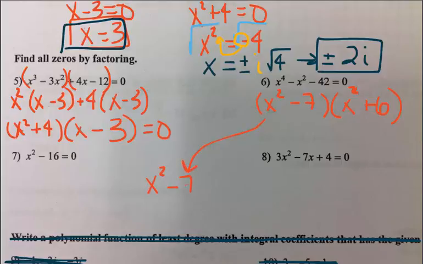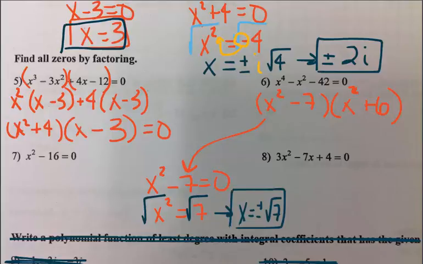X squared minus 7 equals 0. I'm going to add the 7 to the other side, and I'm going to take a square root, which means plus or minus. I get x equals plus or minus the square root of 7. And that just stays. 7's not a perfect square. No perfect squares are inside of it. We just have to leave it.